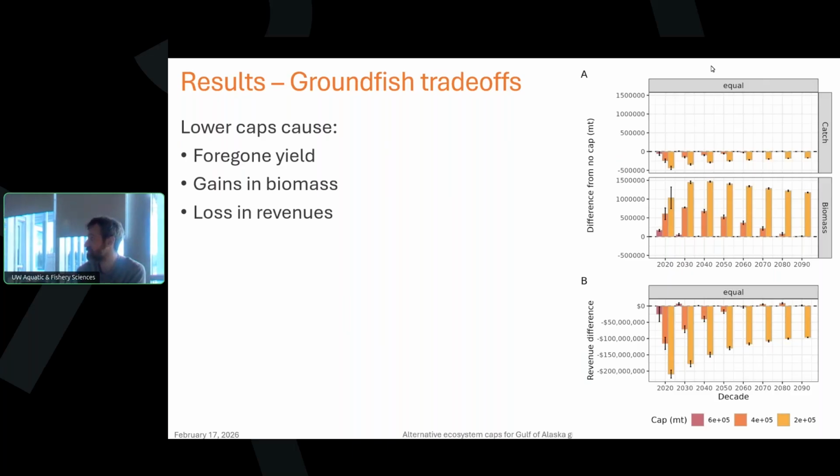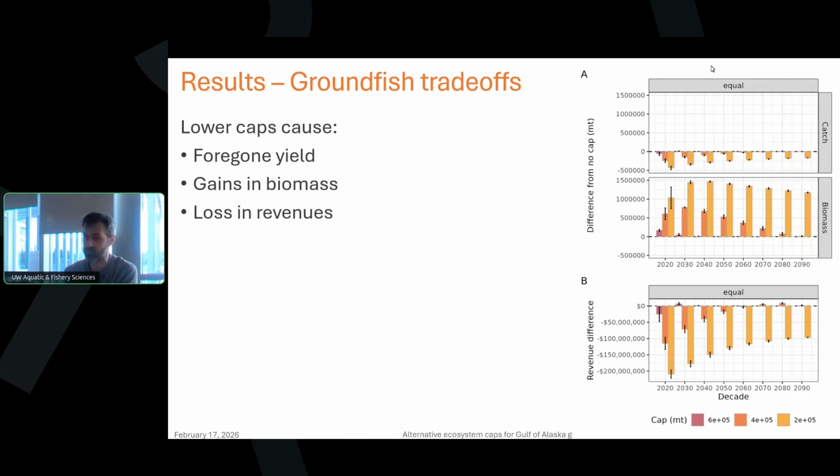One thing I thought was interesting here is that the gain in biomass seems to be higher than the loss in catch, and note that that's the same scale on the y-axis. To me, that means that by not extracting spawners, you're leaving more spawners in the system.